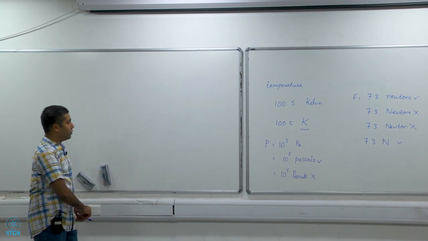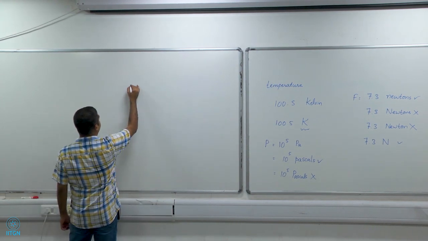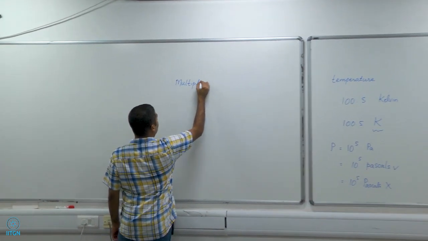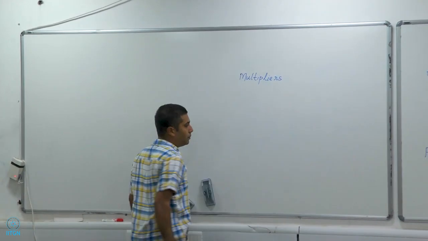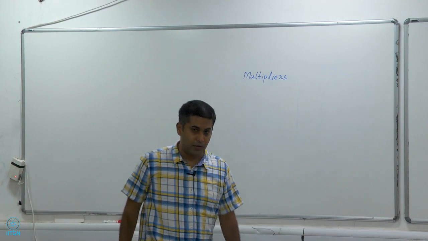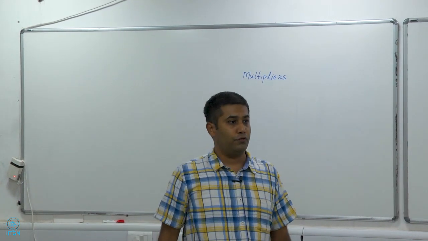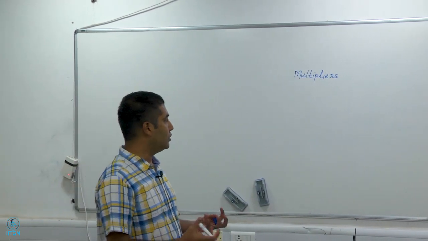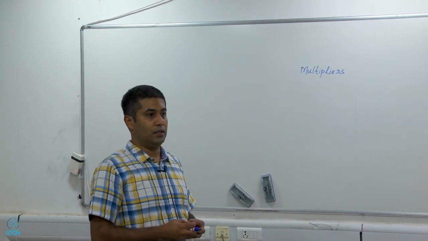Now, we come to something called multipliers. What are multipliers? Multipliers are necessary because many of the physical quantities are not really intuitive when you talk about them in just the units.